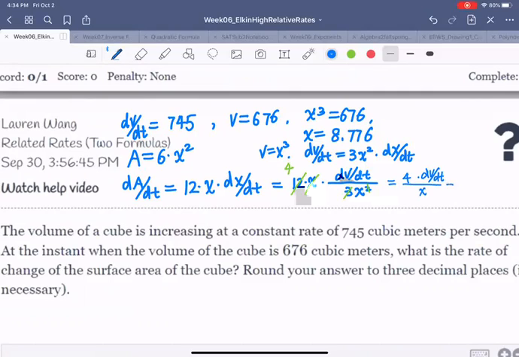If we plug into the calculator, this is 4 times 745 divided by the x value, which equals 339.547.